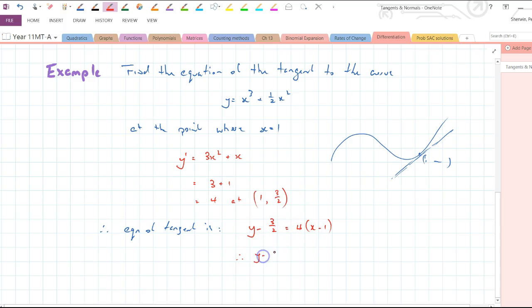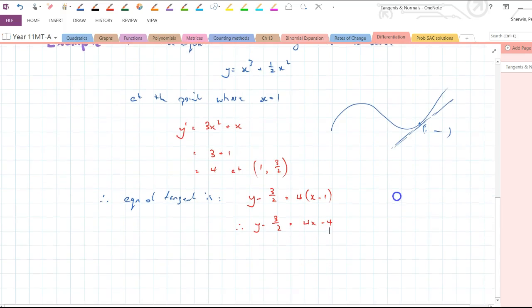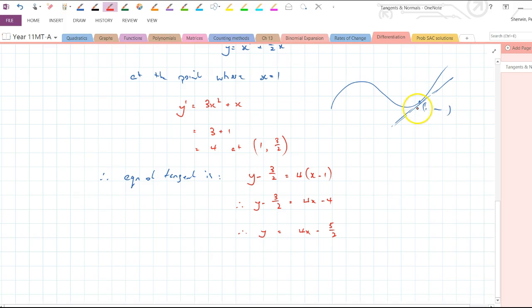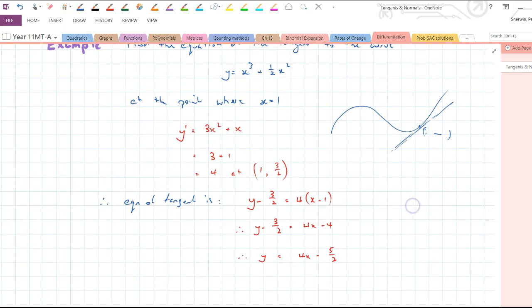Therefore, y minus 3 over 2 equals 4x minus 4. We could therefore say that y equals 4x, and if I add 1.5 to both sides, that'll be minus 1.5. What's that? 2.5, or 5 over 2. 8 over 2 minus 8 over 2 plus 3 over 2 is minus 5 over 2. So y equals 4x minus 5 over 2 is the equation of the tangent at that point where x equals 1.